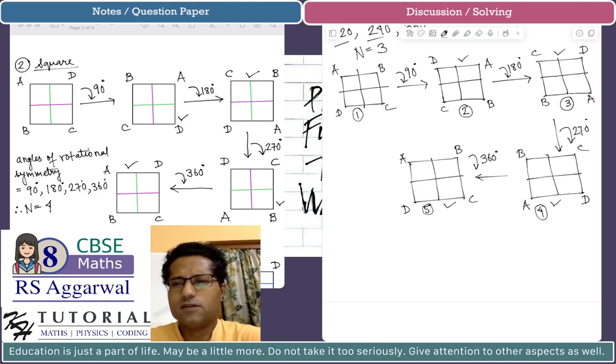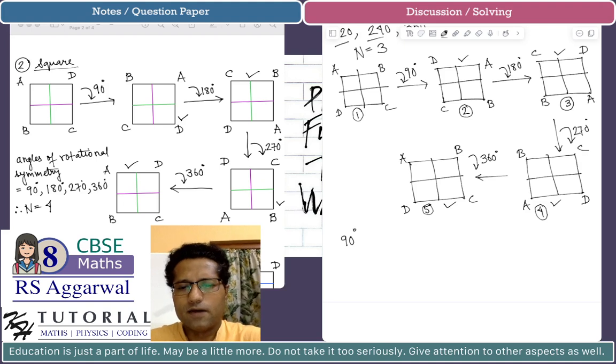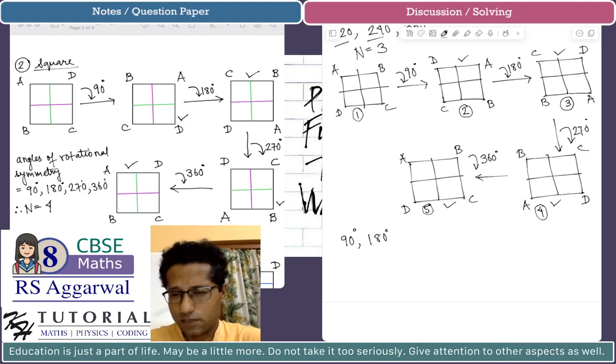And how many angles of rotational symmetry do we see? The angles of rotational symmetry are 90 degrees. After a 90 degree rotation, we see that the square is looking identical. Again after 180 degrees, the square is identical.